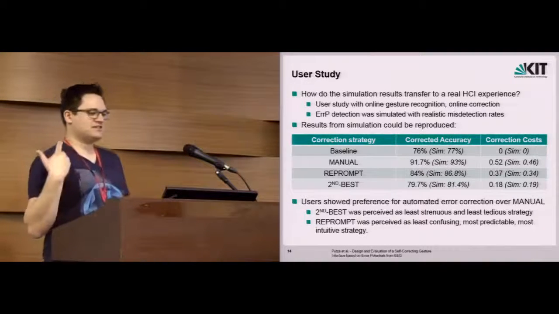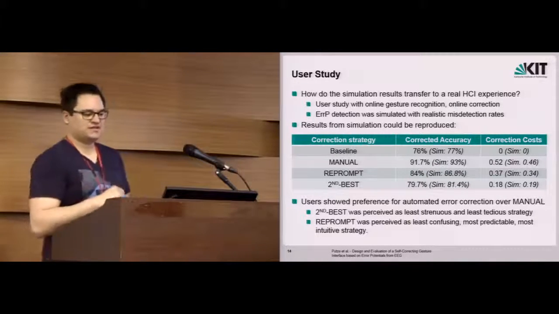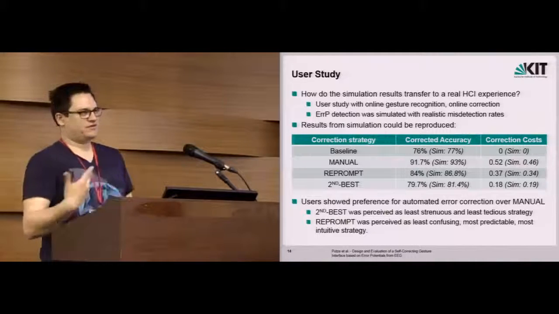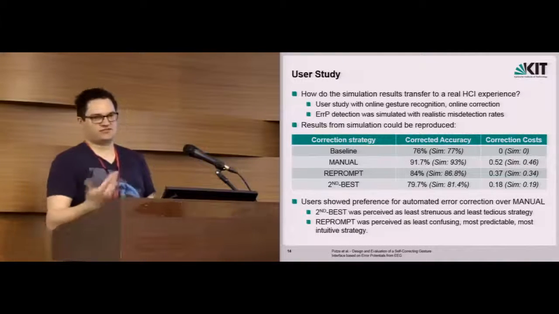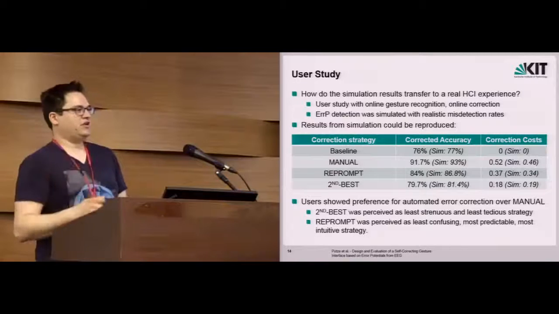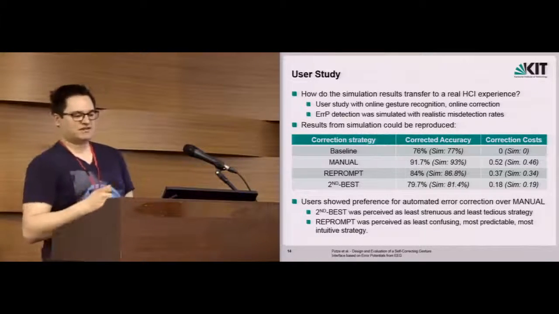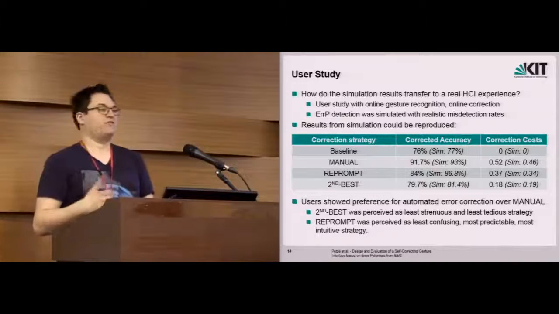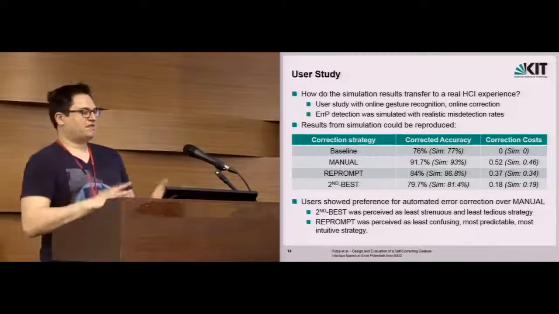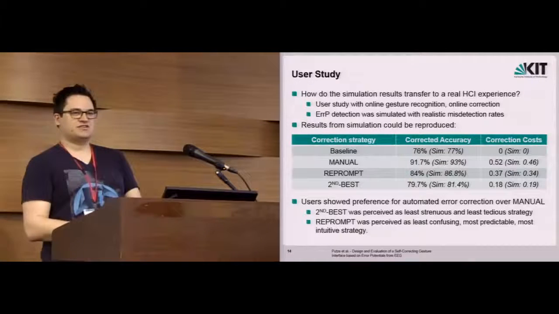What we also did is we asked our participants to report about the different aspects of the preference for the strategies. And we got as a result that users widely preferred the automatic error correction over the manual strategies, but they regarded the different correction strategies somewhat different.